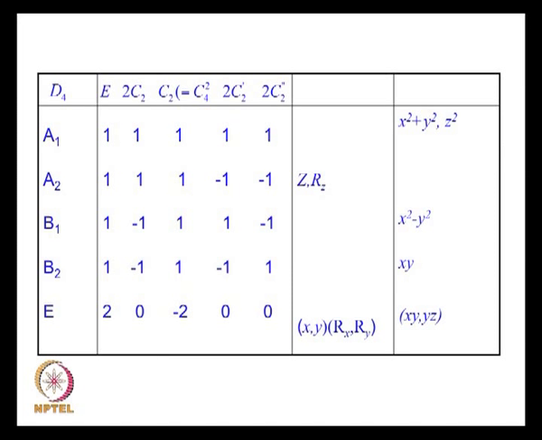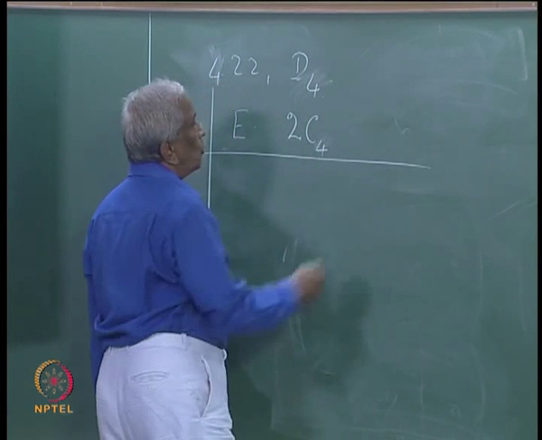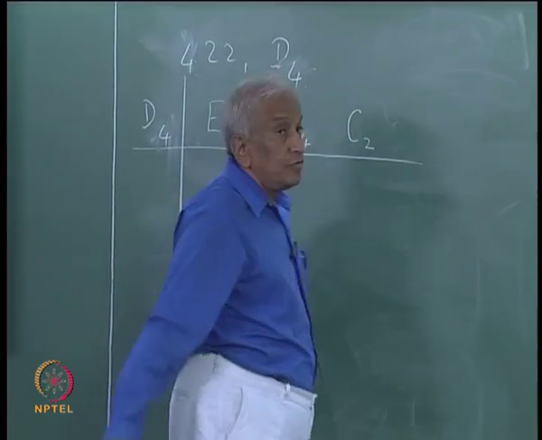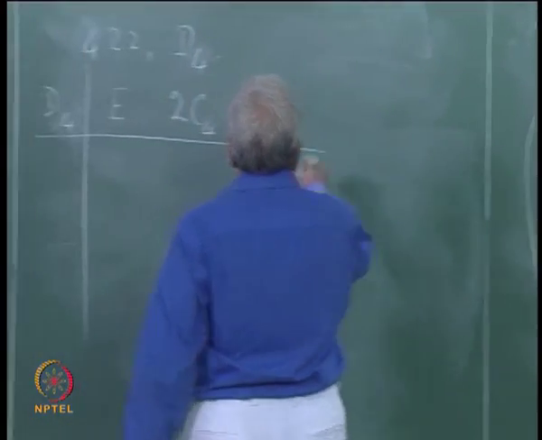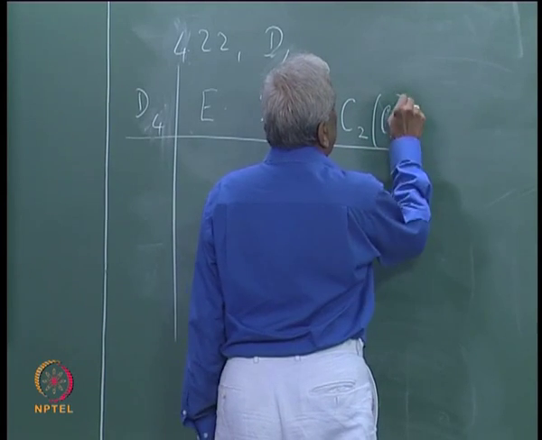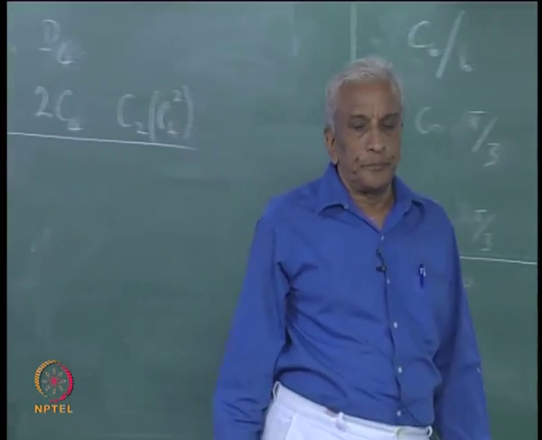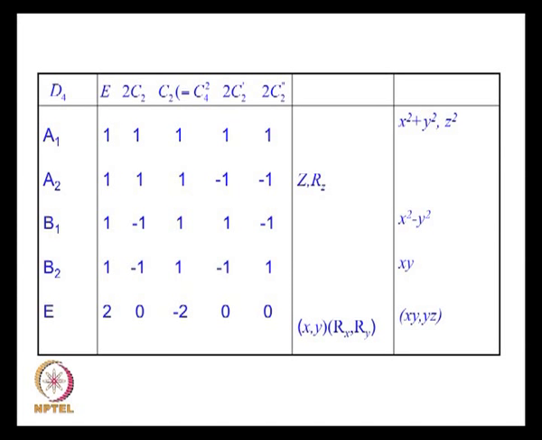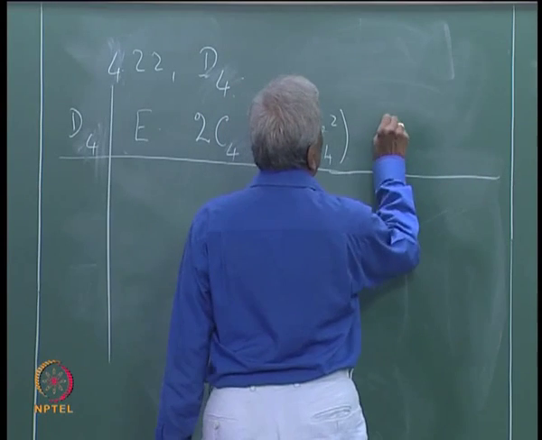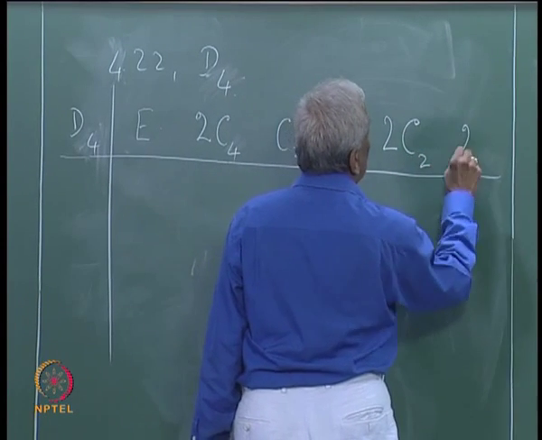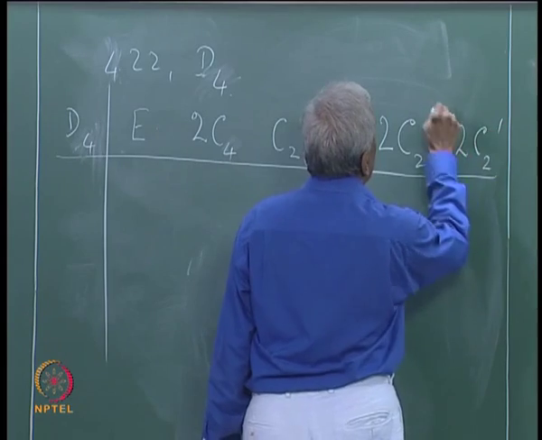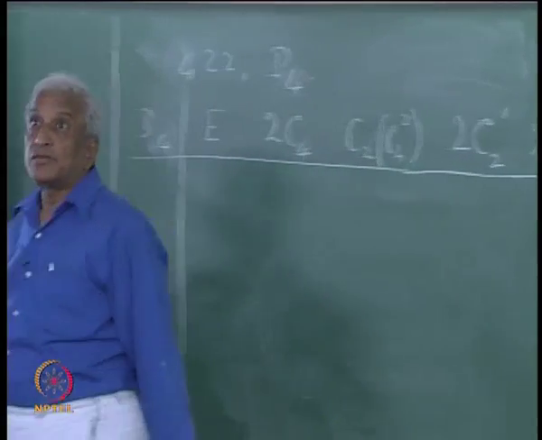The next point group which we take up is 4 2 2, it is D4. So, these are two C4s and a C2 which is C4 squared. And then you have the additional twofold axes, 2 C2 dash and 2 C2 double dash.